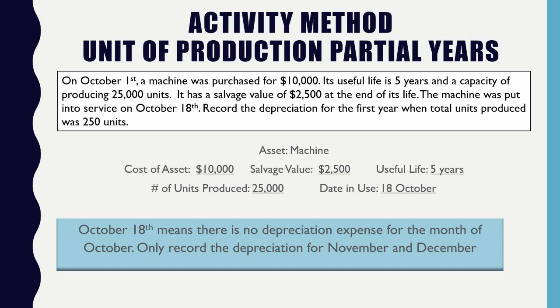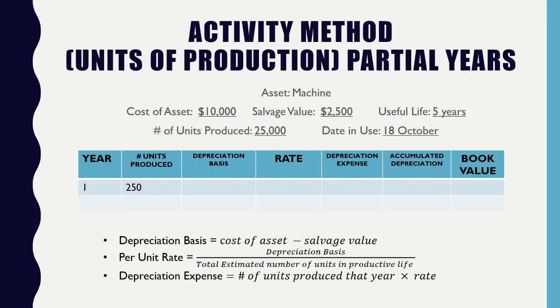Therefore, I'm going to start depreciating as of November, and I only have November and December. Let's say my first year ends on December 31st. So I have 2 months accumulated, and for that year, I've only produced 250 units, which is for 2 months.